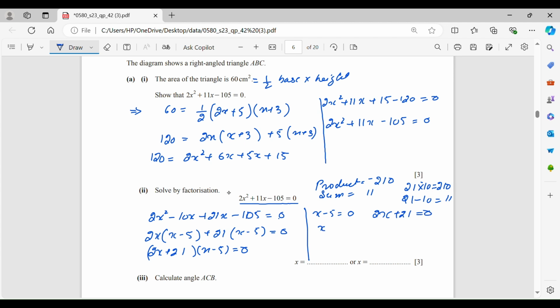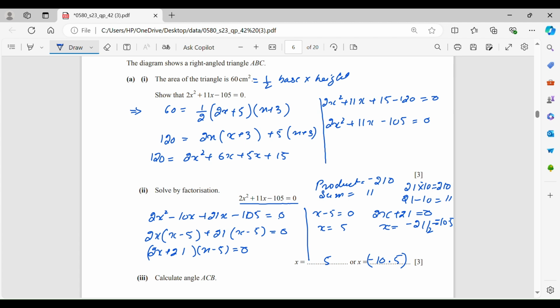So x will be equal to 5, and from here x will be equal to minus 21 by 2, which is equal to minus 10.5, right? So x will be either 5 or minus 10.5, right? Here it is minus 21, so this will be this.